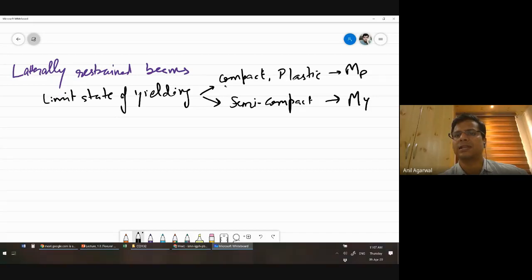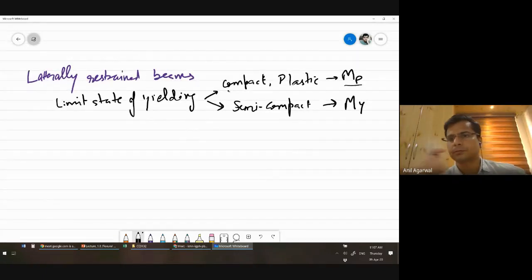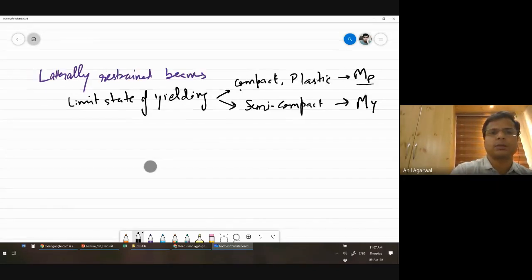Then we can classify it as compact or plastic, and then it can carry as much as MP, right? And you remember the difference between MY and MP. Good. So this is basically governed by the susceptibility to local buckling.